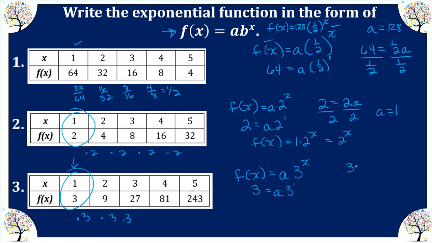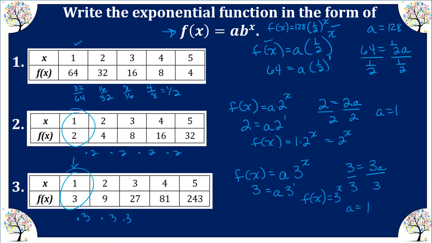And then we have 3 equals 3A. Isolate our A value, and we have 1. So we put it all together, f of x equals 3 to the x. And if you want to write the 1 in for the A, that is fine, but it's not needed.